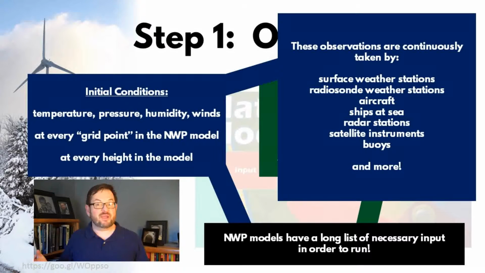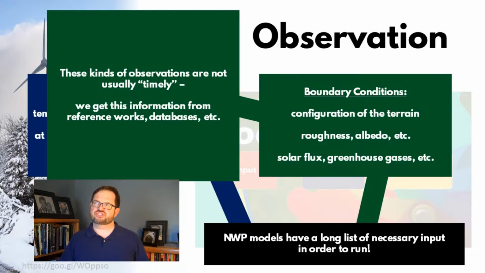Radar stations have ways of getting their observations into the models. Any instrument on a satellite, any instrument on a buoy, any available type of instrumentation that can produce weather observations for the time that you're planning to use as the start of your model run can become part of your initial conditions.